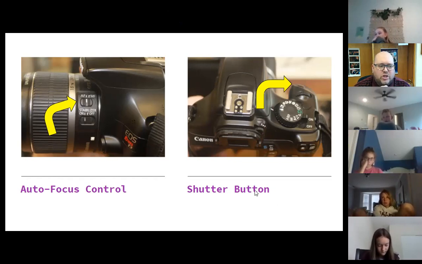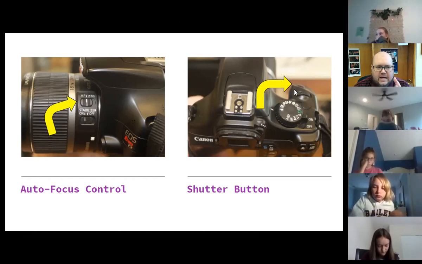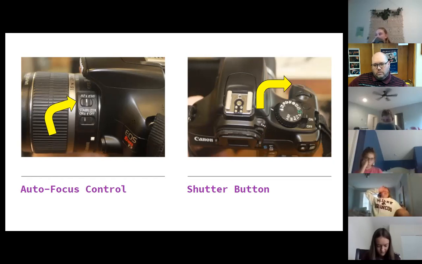All right, now the shutter button also has two controls or two purposes. Okay, Isaiah, do you think you can give me the first one, buddy? What's the shutter button do if we're taking a still photograph? I don't know. Ready?